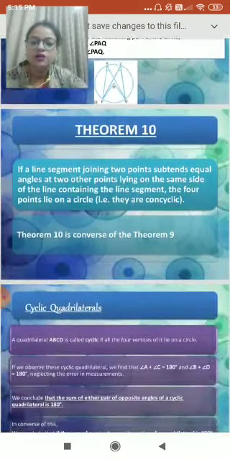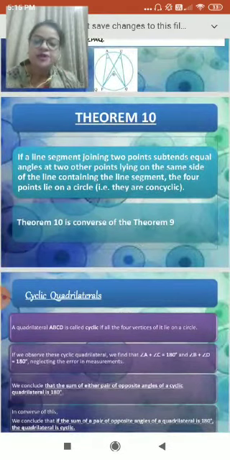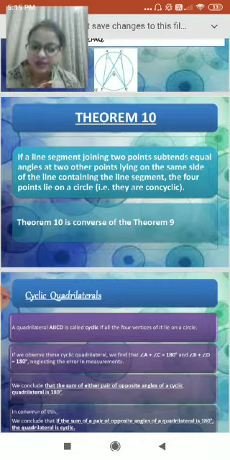Now moving to theorem number 10: if a line segment joining two points subtends equal angles at two other points lying on the same side of the line containing the line segment, the 4 points lie on a circle, that is, they are concyclic. Thus theorem number 10 is the converse of 9 again.